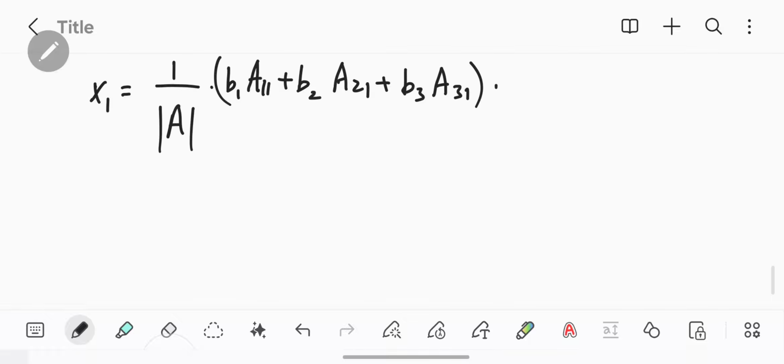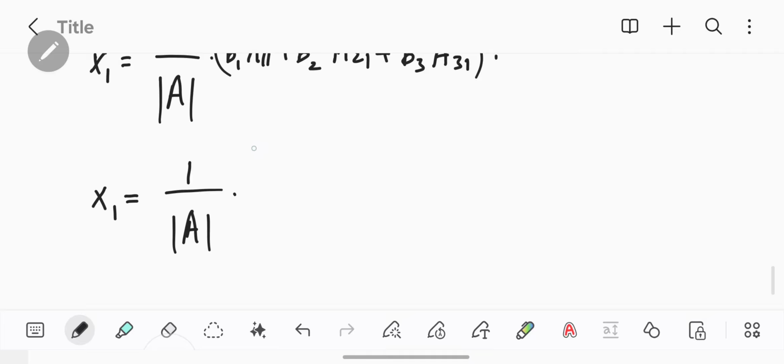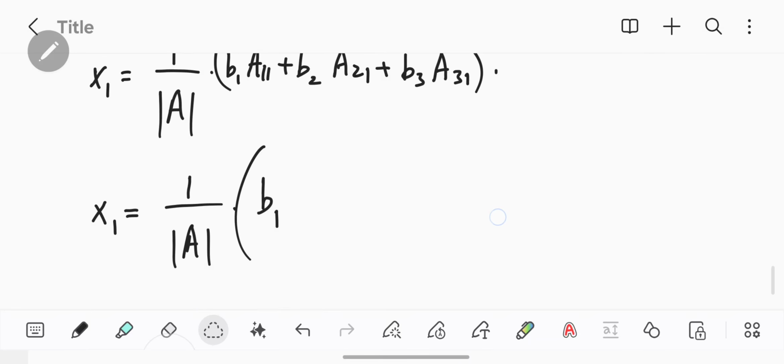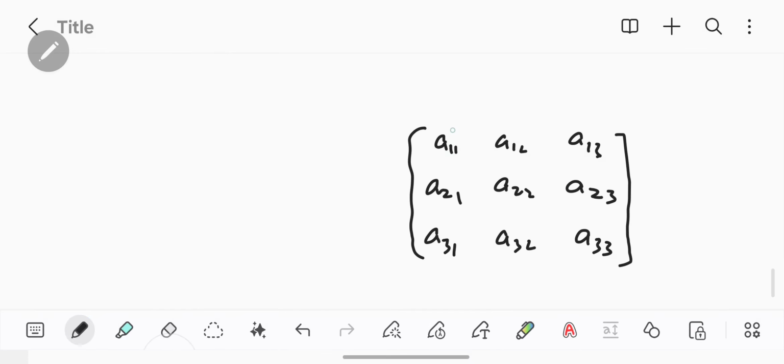All right. Now, if I write it in more detail, 1 over determinant of A is as it is. I can write B1. What is A11? In order to find A11, we will look at the matrix. A11 means the cofactor determined by this number. The cofactor determined by this number is obtained by forgetting about this column and this row.